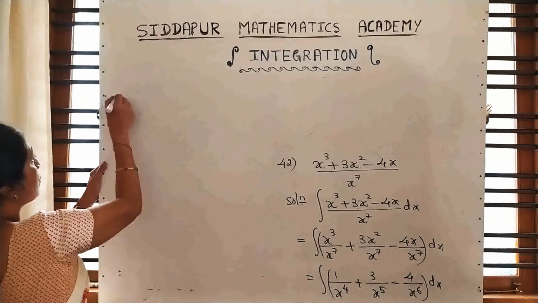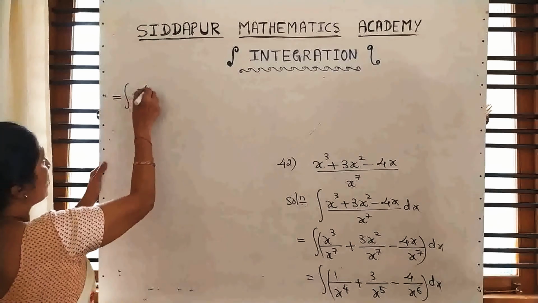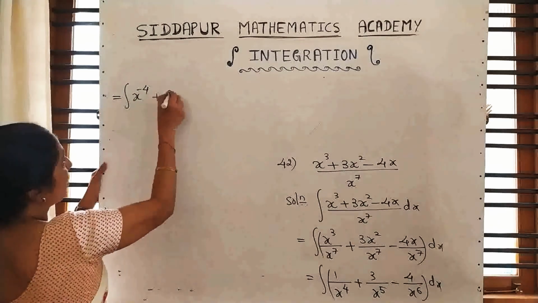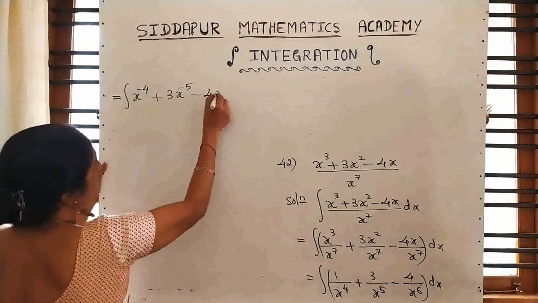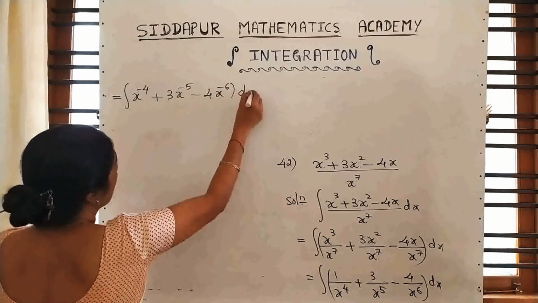One upon x raised to 4 will be written as x raised to minus 4 plus 3 as it is x raised to minus 5. Then integrate.